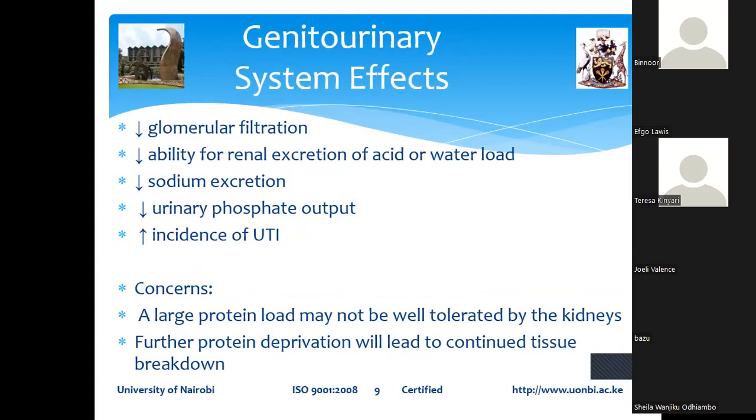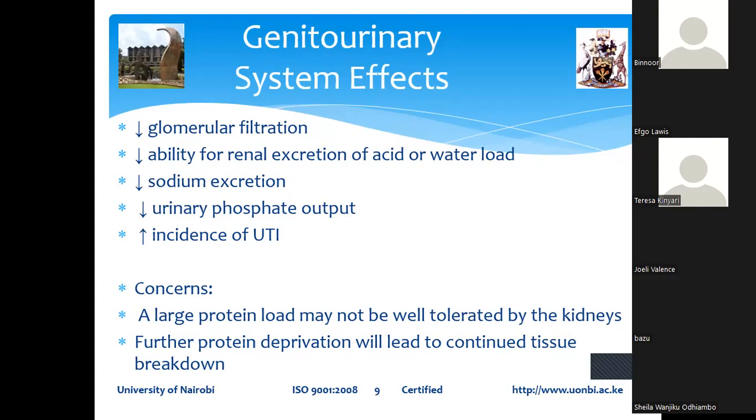In the immune system, we have a reduction in cell-mediated immunity, IgA secretion, and complement components, and also in the efficacy of phagocytes. So here the concern is that the typical signs of infection, such as a raised blood cell count or fever, are usually absent.